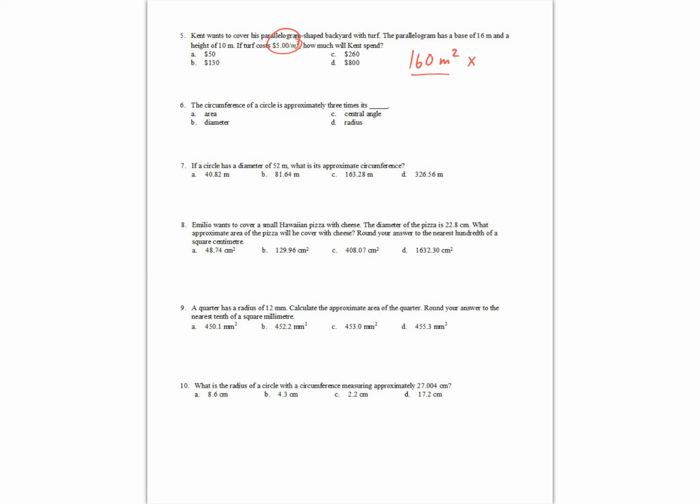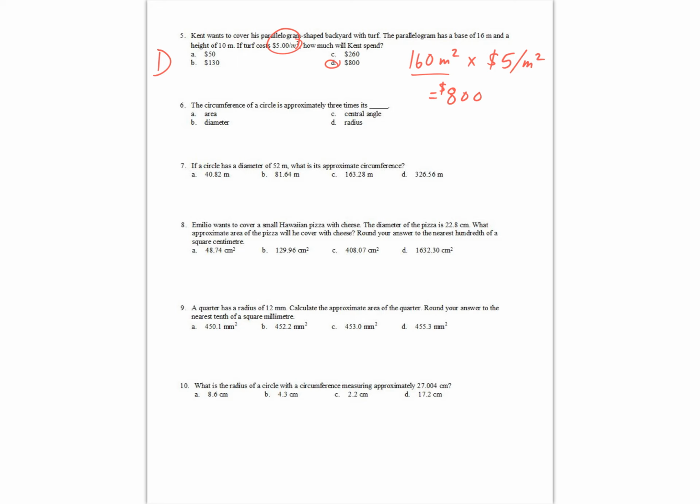So we're going to multiply this by $5 per square meter. So 160 times the $5 gives us $800. So the answer is D.